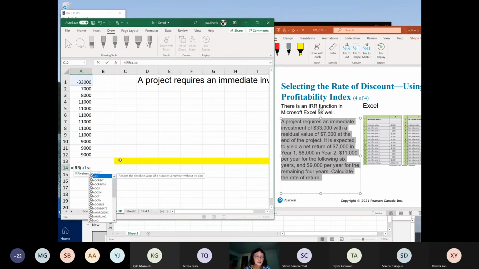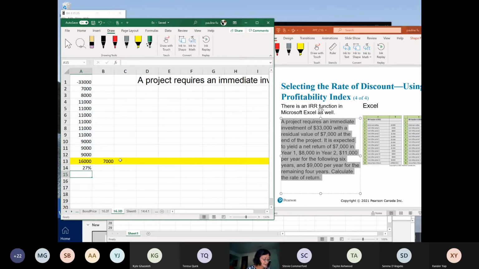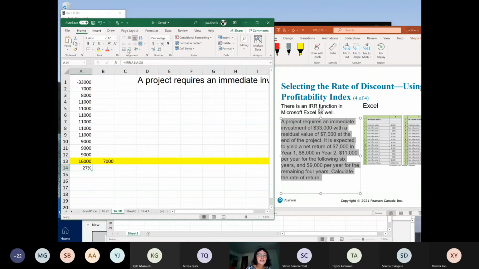Enter. So this is your answer, depending on the requirement, how many decimals you want. Okay, so this is the answer, the rate of return.